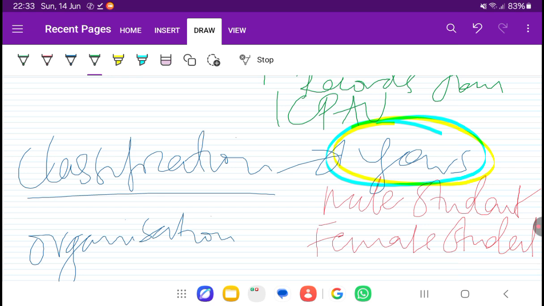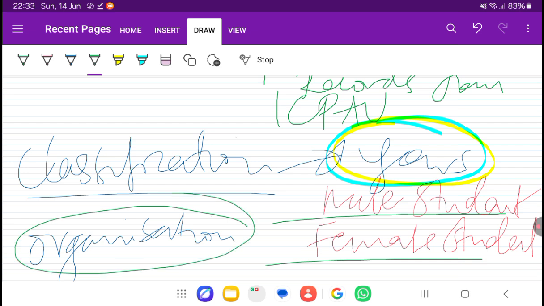Now, you can say I'm going to organize this information based on the gender, and I look at the male students and then the female students under organization. Let me organize this information. I look at the students who are male, then the students who are female.